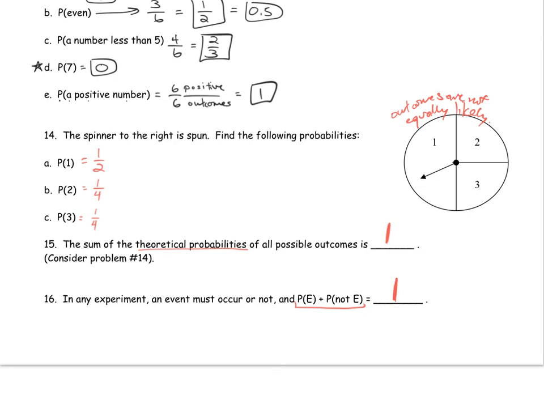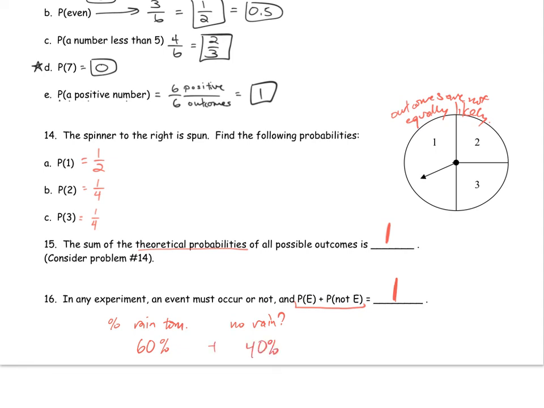So let me run you through this little thought experiment. The percent chance of rain tomorrow is 60%. So what's the percent that it doesn't rain? I'm guessing most of you know that would be 40%.